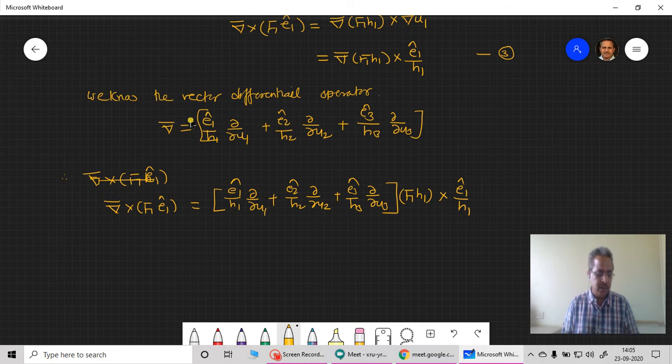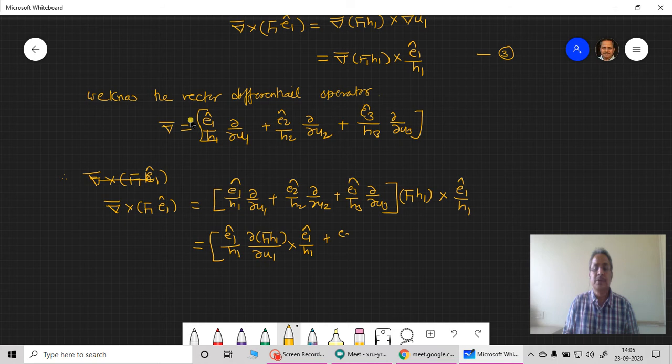Now you have to get the product as shown here. So separate this out. It is a slightly lengthy derivation, but we will carry out each and every step. E1 cap upon H1 into del of F1 H1 divided by del U1 cross E1 cap upon H1. This is my first term.